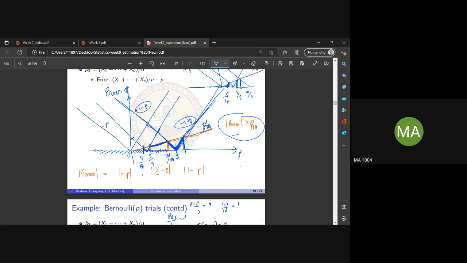Okay, so you see that your p is always lying between 0 to 1. It cannot be greater than 1. Now after p greater than 1, the mod of error is coming out to be greater than p by 10. After this, it is some point that is greater than 1, so we are not interested in that. We don't want p to be greater than 1, so we can ignore that. Okay, ma'am. Clear, ma'am. Okay.